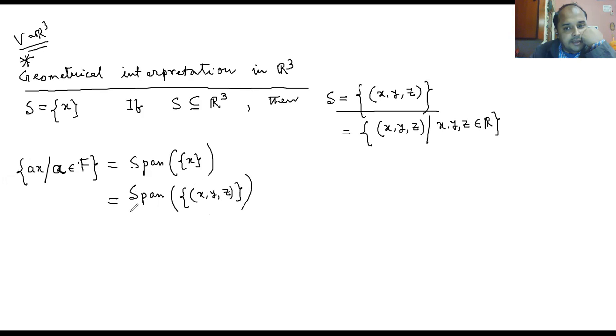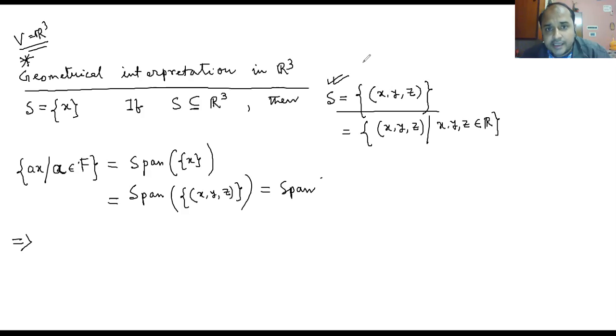So if I simply write it as span, this is a singleton. This particular S contains a single vector only. Remember, singleton set.